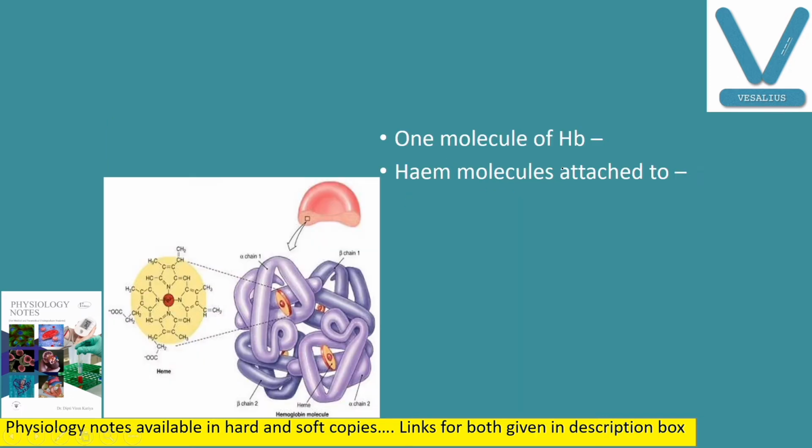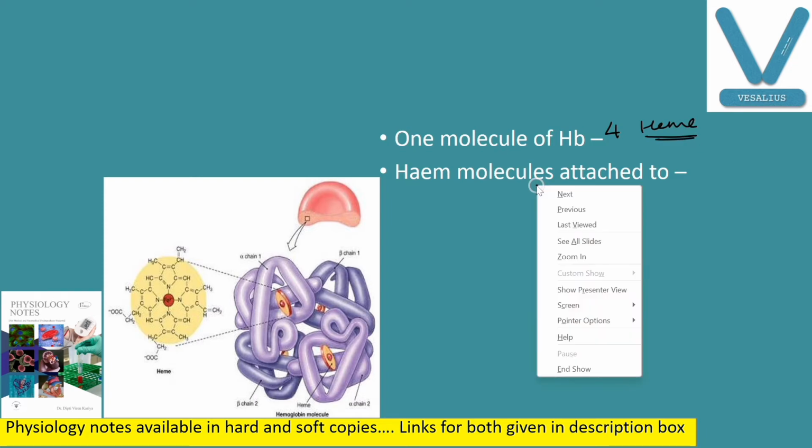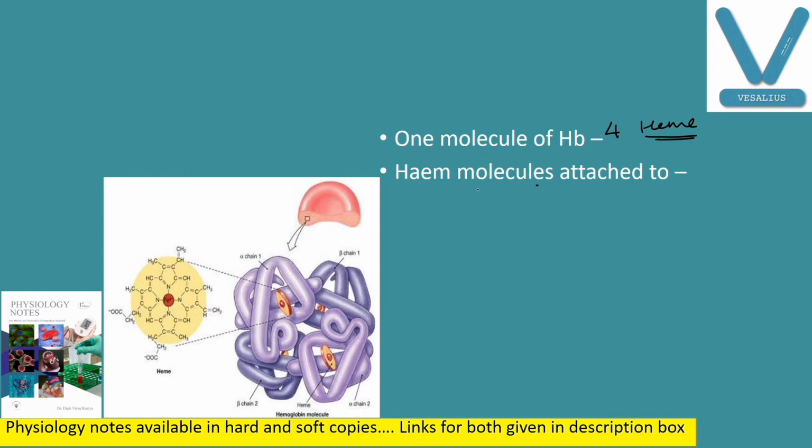Now, one molecule of hemoglobin contains 4 units of heme, and each heme molecule is attached to one of the 4 polypeptide chains constituting globin. You can see here, one heme with one globin. This is heme, this is globin.